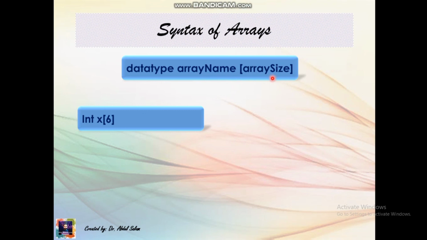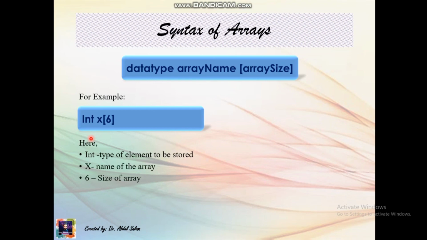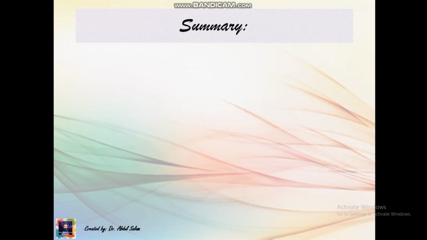Array size 1, 2, 3, 4 up to any extent. Int x[6]. Here you can see that int is the data type, x is the array name, and 6 is the size of the array. Here int is the type of the elements to be stored, x is the name of the array, and 6 is the size.